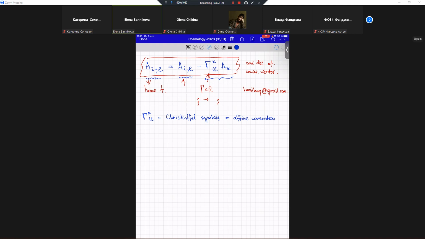So we will see today that the Christoffel symbols depend on the metric tensor, and it proves that it is related to the property of the coordinate system. What is important is that we can also prove that the Christoffel symbols are not a tensor.